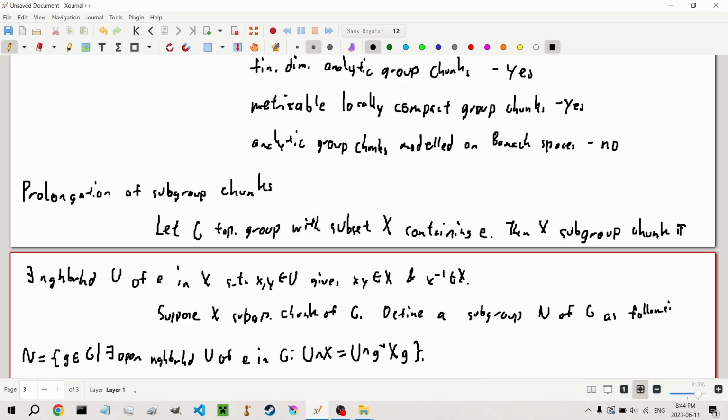So essentially it's the set of elements in G where we can find an open neighborhood whose intersection with X looks normal, essentially. Then we have, of course, N being a subgroup.